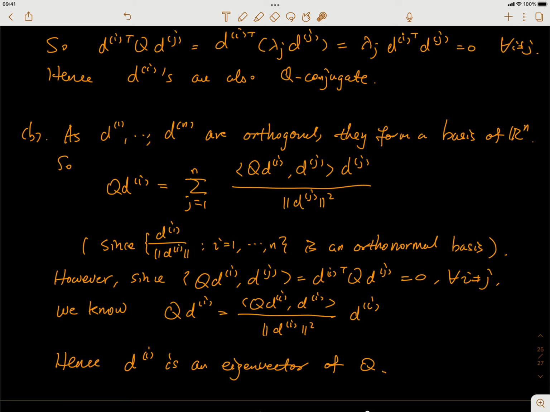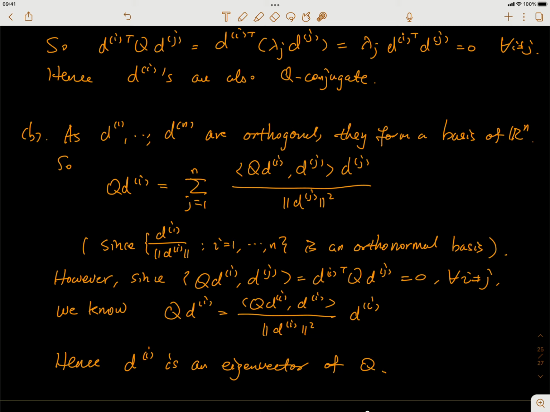The point is that for every i, Q di is a vector in Rn, so it can be written as a linear combination of the basis vectors.